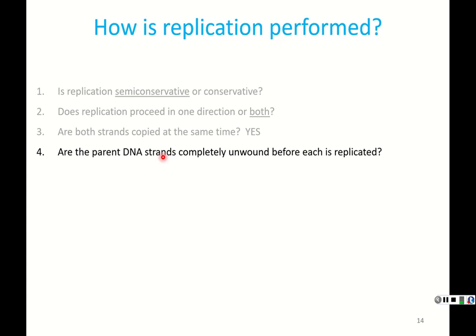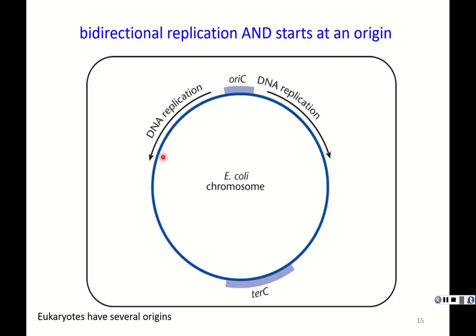Okay. Are the parent DNA strands completely unwound before each is replicated? Does the replication begin at random places or at unique points? Well, to answer this, there was research found that there's actually origins of replication. And when you look at a bacterial plasmid or chromosome, you see an ORI block there on some of those.